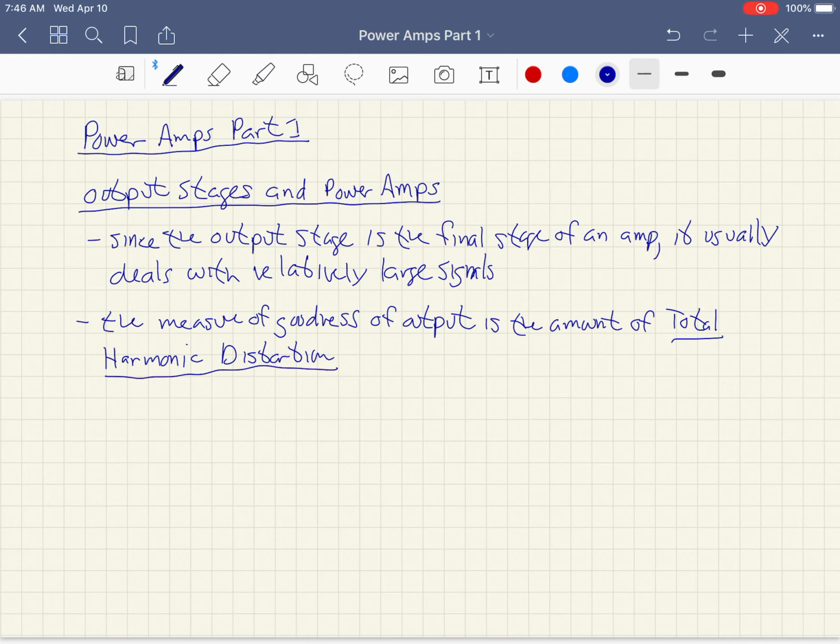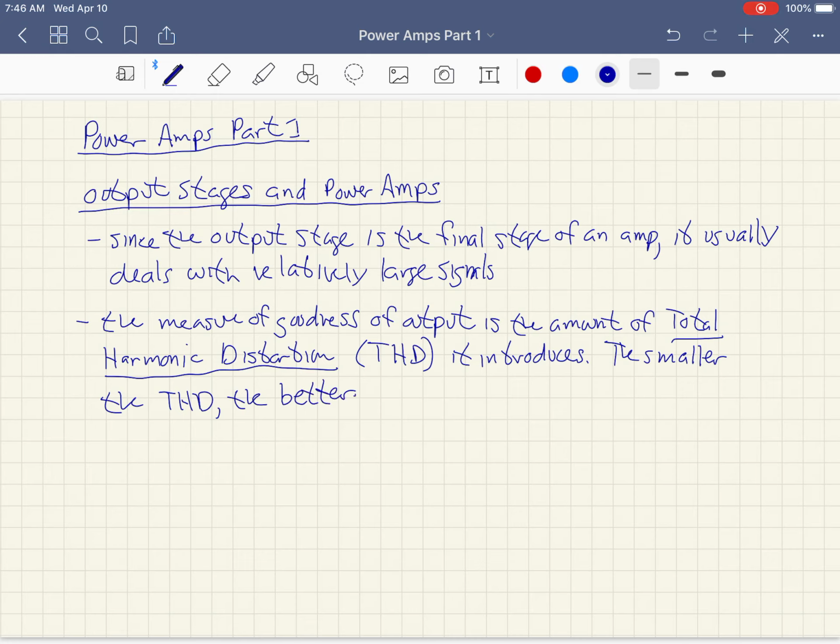Total harmonic distortion, or THD, is what you'll see it abbreviated as typically. So the measure of goodness of output is the amount of total harmonic distortion it introduces. And this is an important thing to remember, and it makes sense. Okay, the smaller the THD, the better.